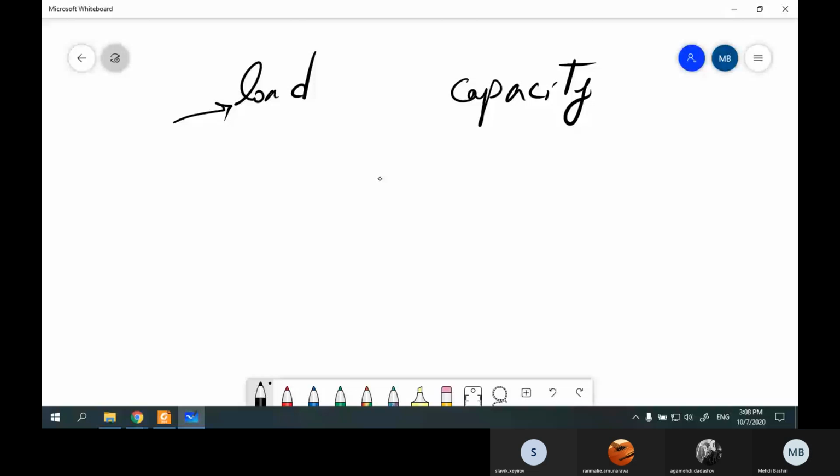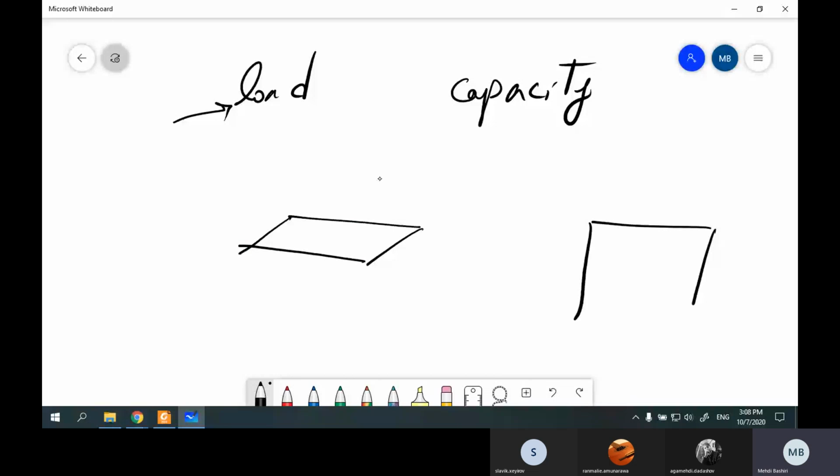For example, you want to design a wall, or let me say it in this way. This is your room. You want to design these walls.